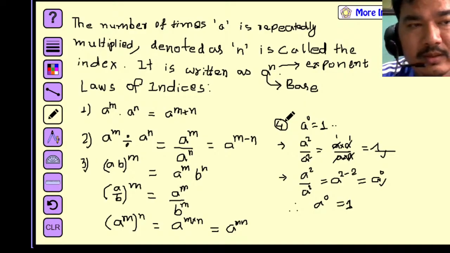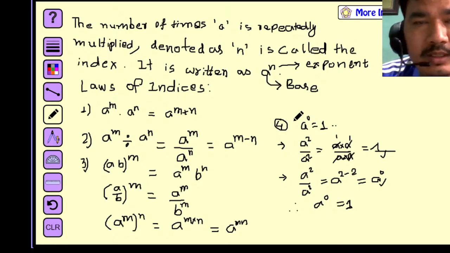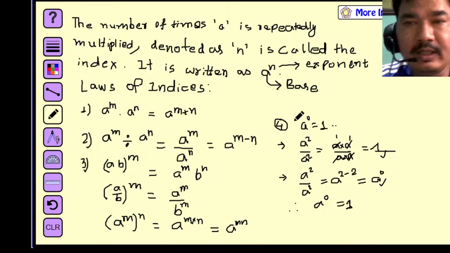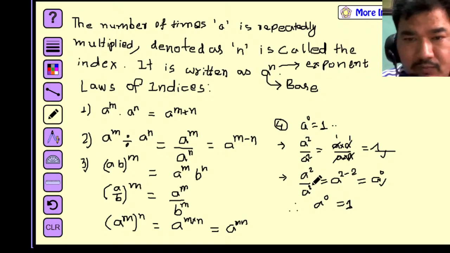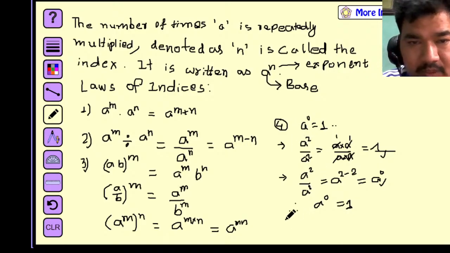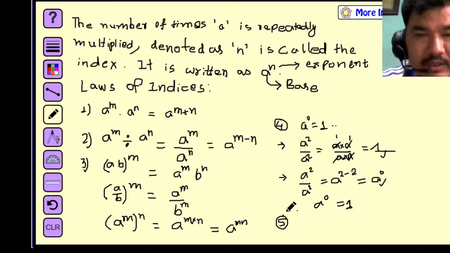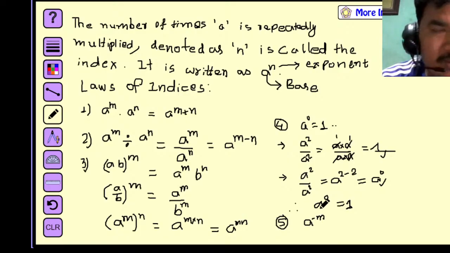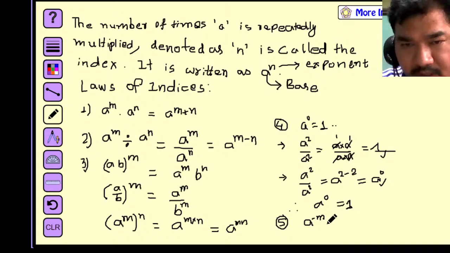When a question is given with a negative power, for that what should we do? I am showing here the fifth law. Suppose one question is given where a to the power minus m is given, then do not leave the answer in negative.